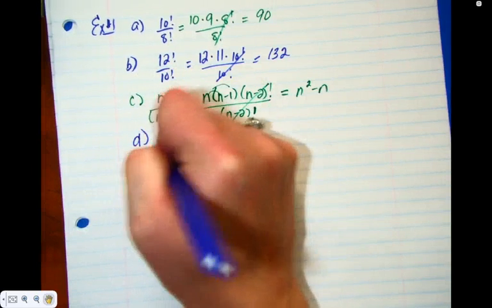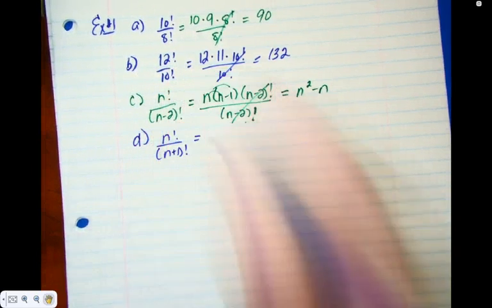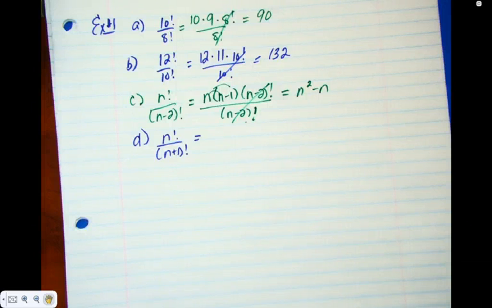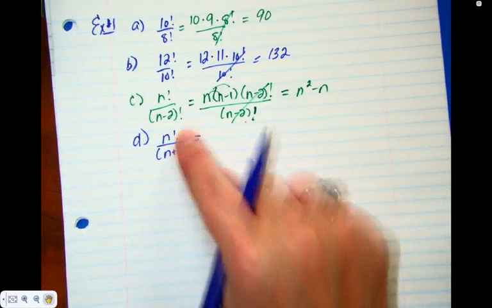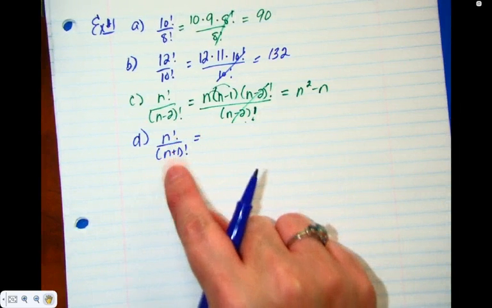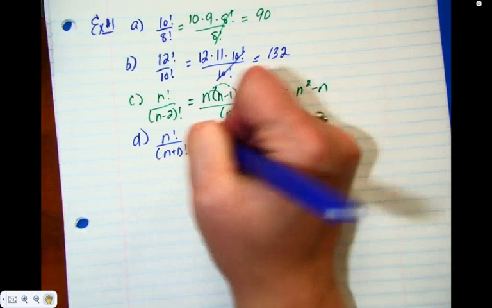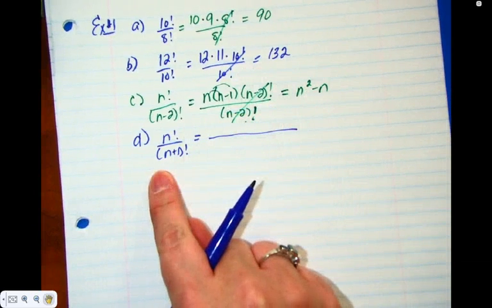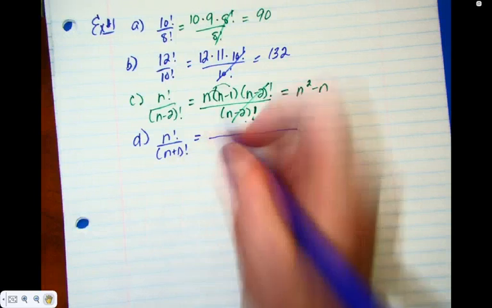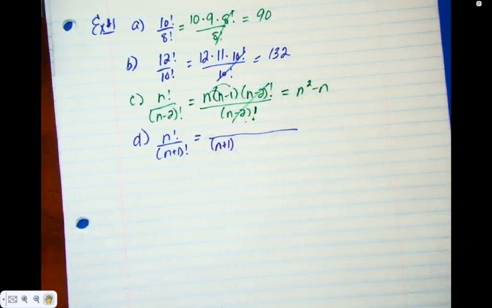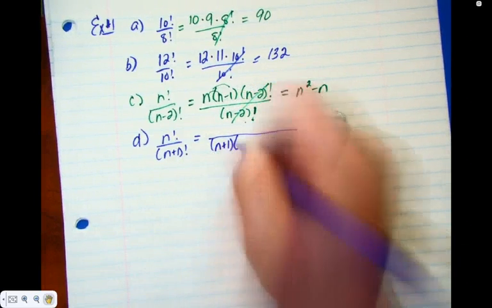n factorial over n plus 1 factorial. Again, if you're not sure which is bigger, pick a number. 14. What's going to be bigger, 14 or 14 plus 1? The 14 plus 1. So it's the bottom this time we're going to break down. What do we do when it starts with an n plus 1 factorial? Well, it just starts with what it is, n plus 1. Then times.